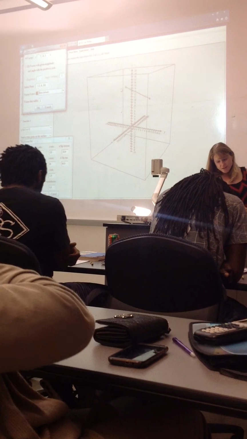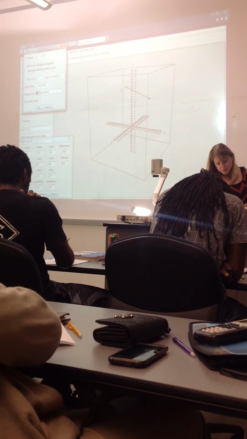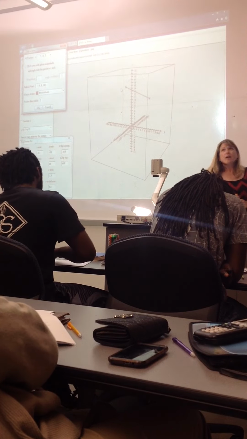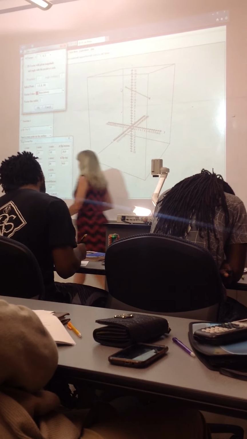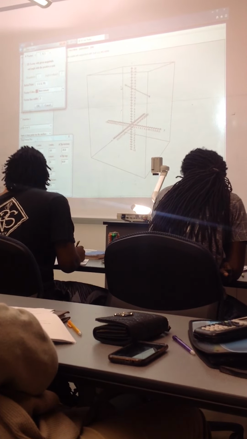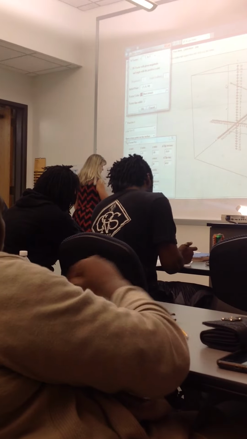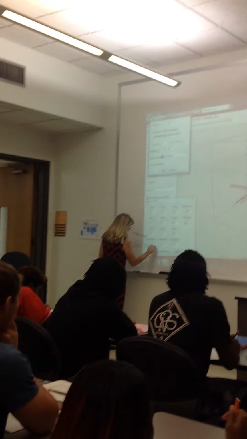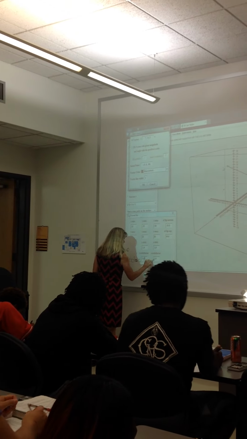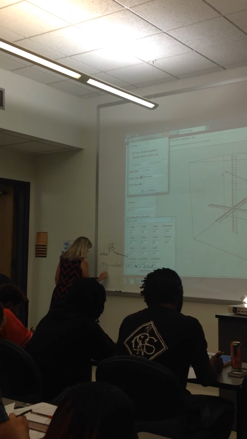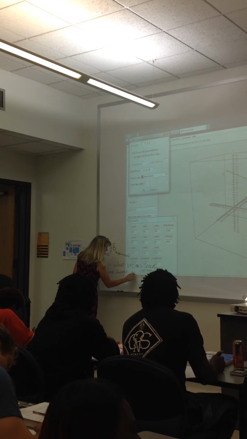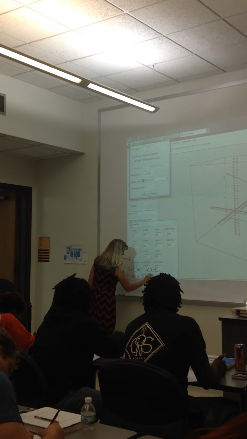Your question says state 2 examples of vectors that are equivalent to AB. Vectors are equivalent if they have the same length and point in the same direction.